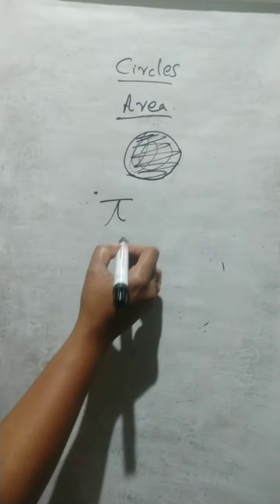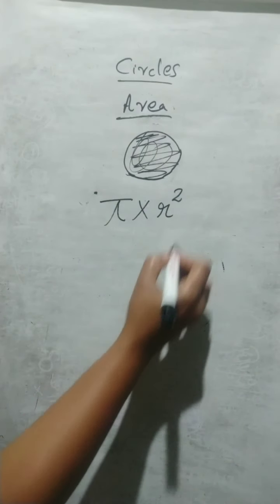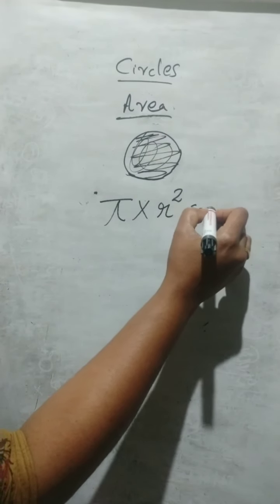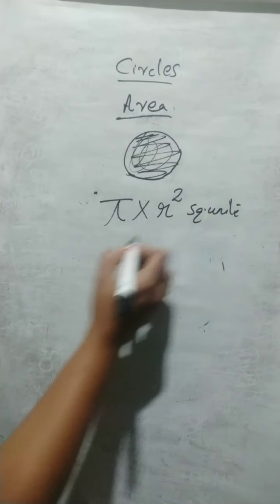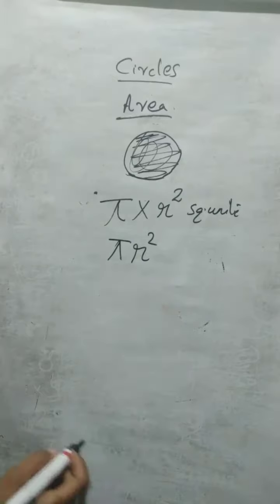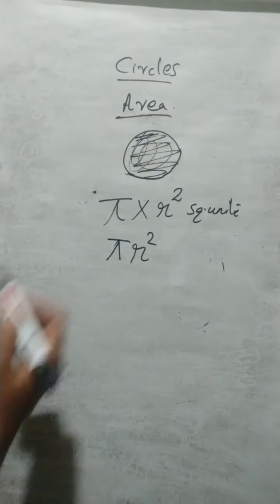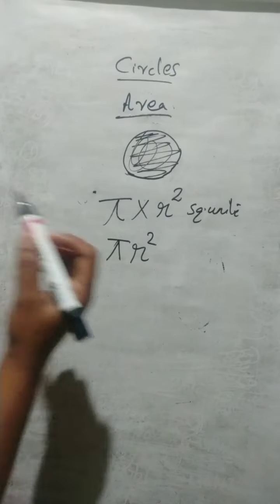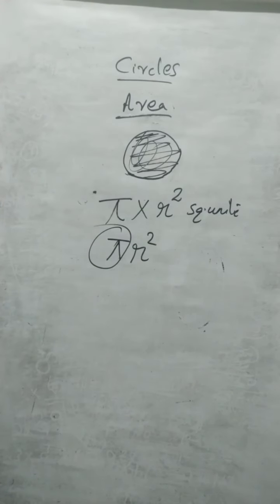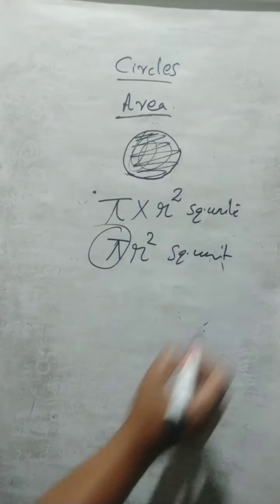Pi times radius squared, that much square unit. So we can write pi r square. Find the square of the radius and multiply by pi. That much square unit.